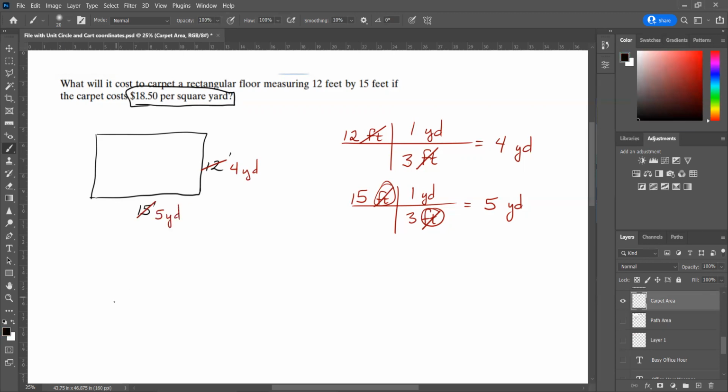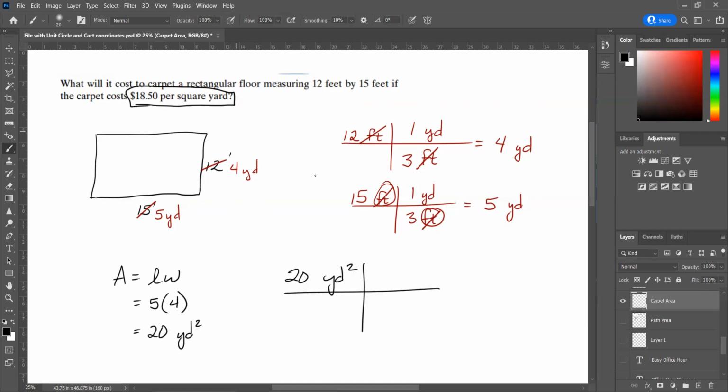So now I can find the area, which is still length times width. So that is 5 times 4, which is 20 square yards. And if I've got 20 square yards and the cost is $18.50 per 1 square yard.